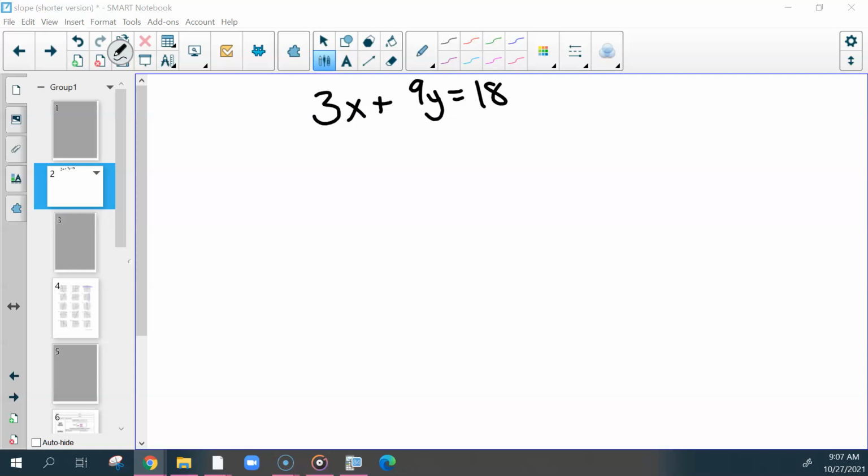You're still putting 0 in for x when solving for y and putting 0 in for y when solving for x. It just looks different. So for finding our x-intercept, we need to put 0 in for y. So do that.